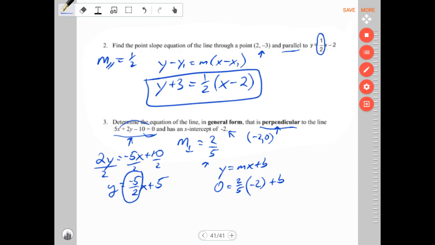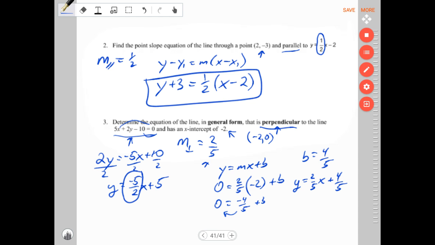See how I substituted all in one step? You're totally welcome to do that. Okay, so this is going to be 0 equals negative 4/5 plus b, so that just scoots over, and b equals positive 4 over 5. So then we get y equals 2/5 x plus 4/5.